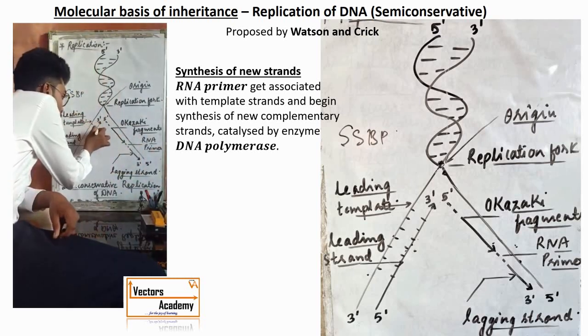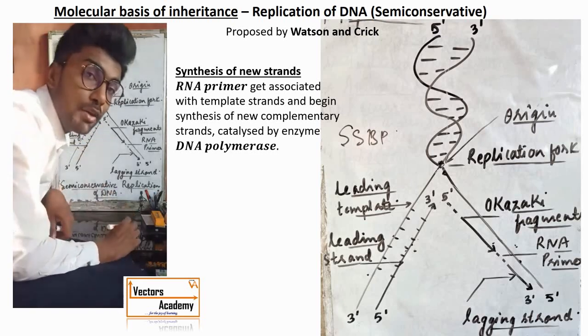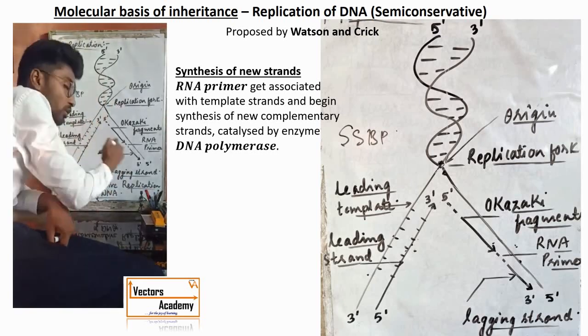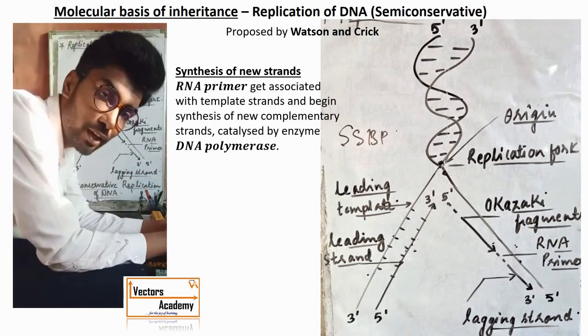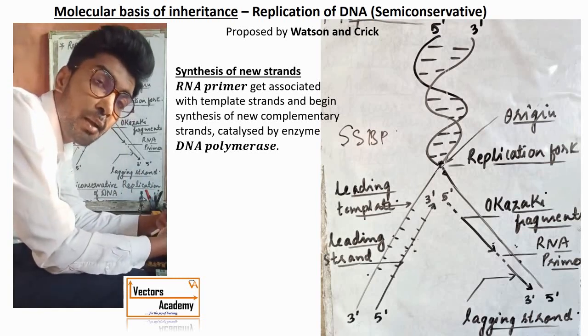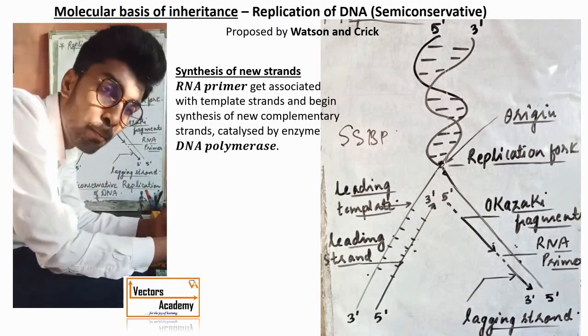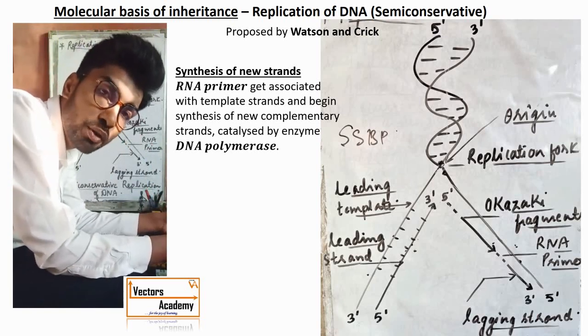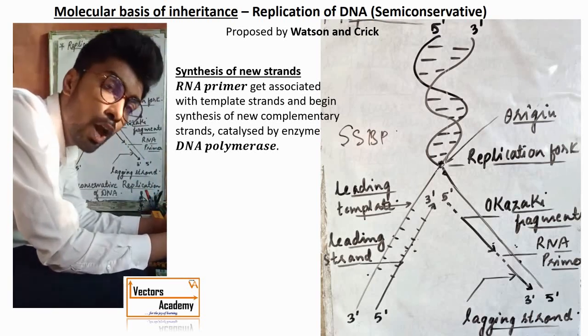Thus there is a formation of a hydrogen bond between them. Further, these nucleotides play an important role in the formation of the phosphodiester bond. Whatever nucleotides are bound with each other, there will be the formation of the phosphodiester bond.